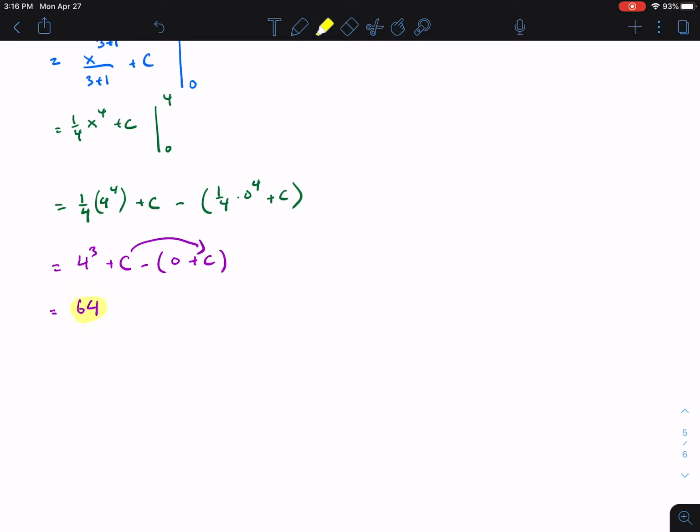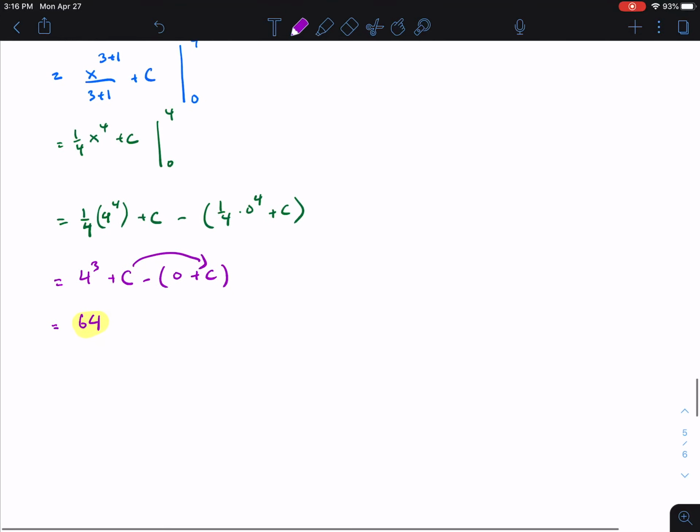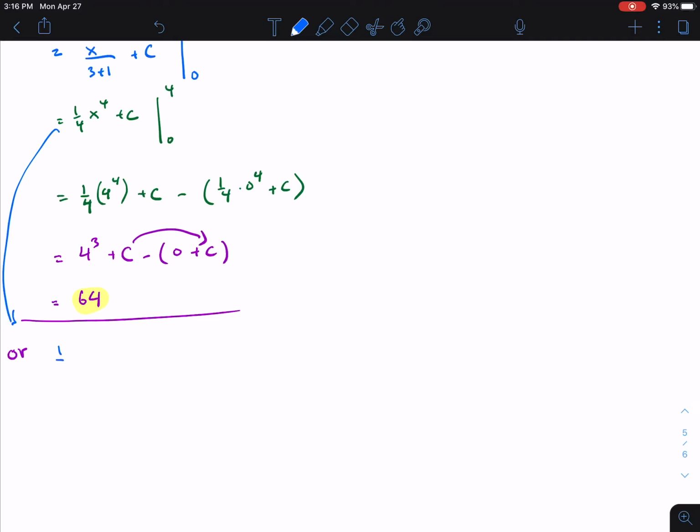Another way to write this, so that we don't have to write a lot of steps: when we get to this part, we can say that the 1/4 constant is multiplied by the values that we evaluate inside the x.